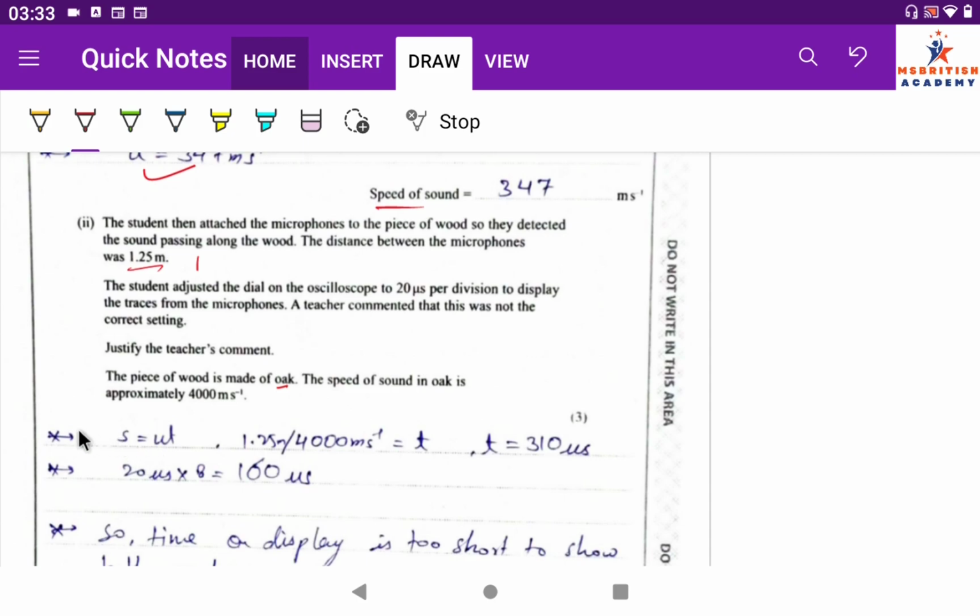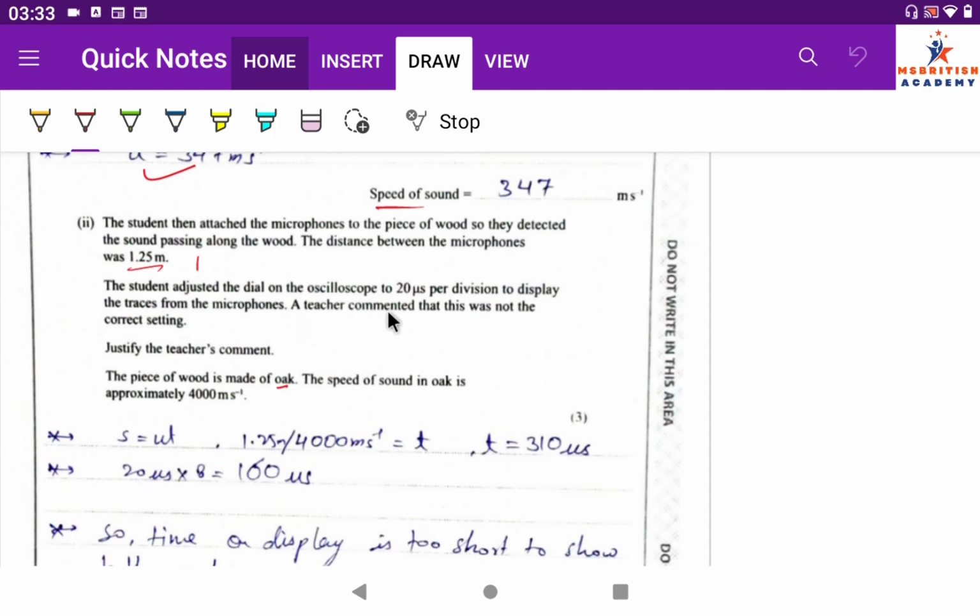So you can use s equals ut. s is 1.25, and the velocity is 4,000 meters per second. Then the time will be 310 microseconds.